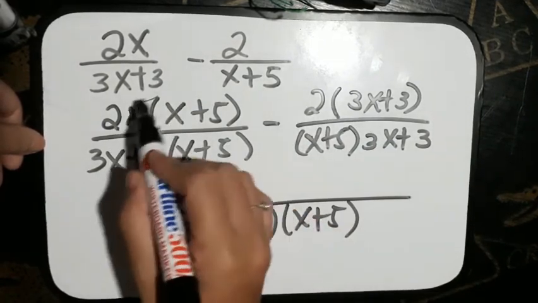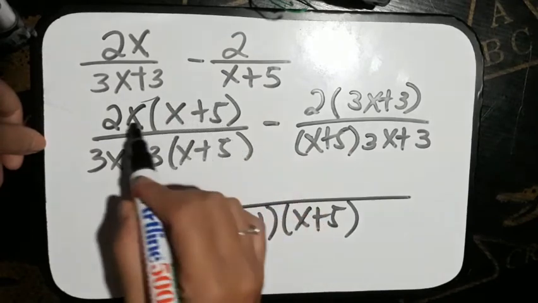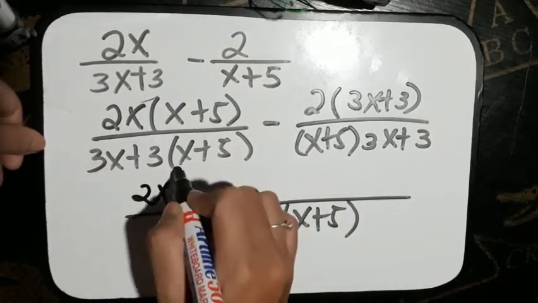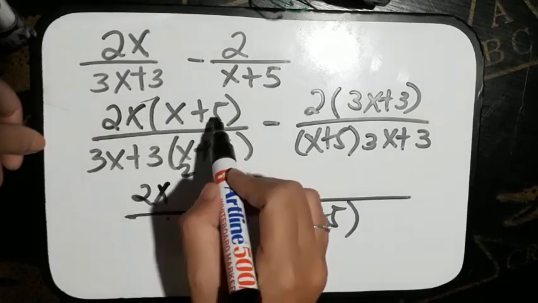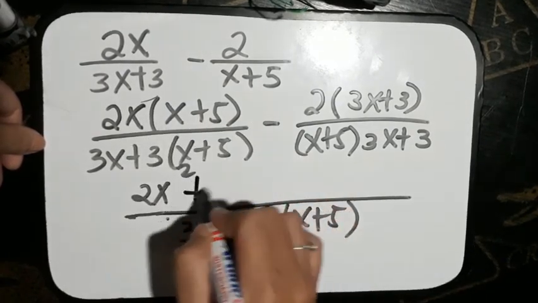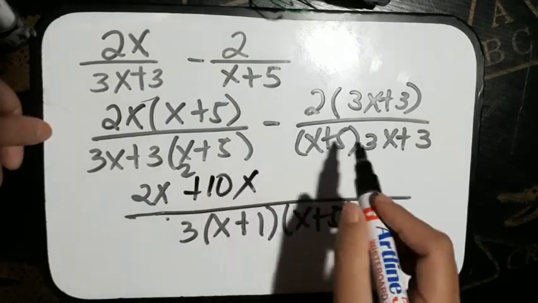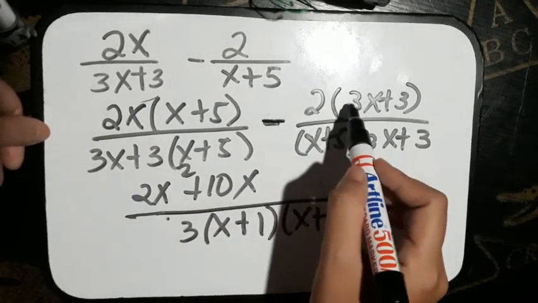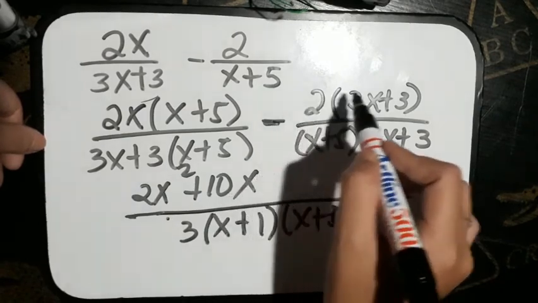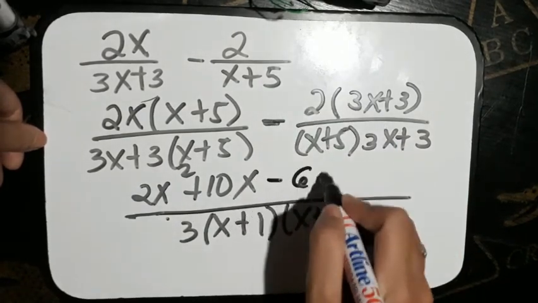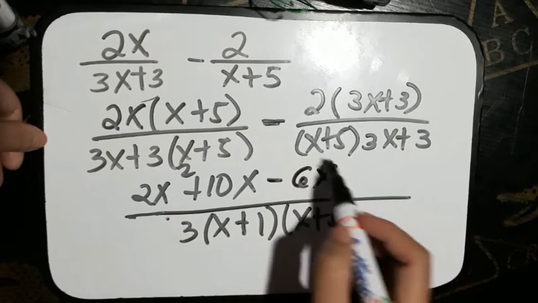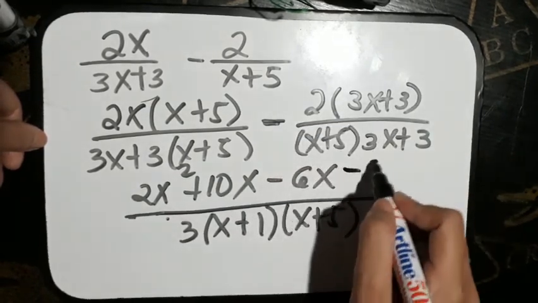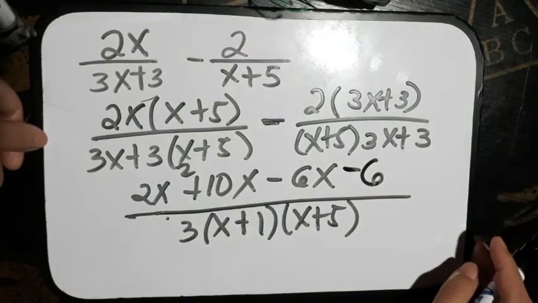In order to do that, we need to distribute this one. So 2x times x is equal to 2x squared. 2x times 5 is equal to 10x. Then, this one will be distributed here. So we change the sign. It will become negative. Negative 2 times 3x is equal to negative 6x. And negative 2 times 3 is equal to negative 6.